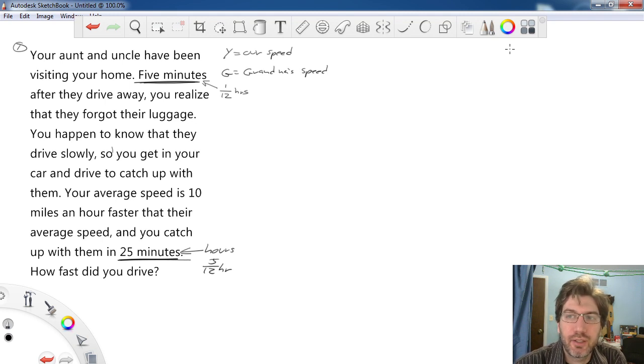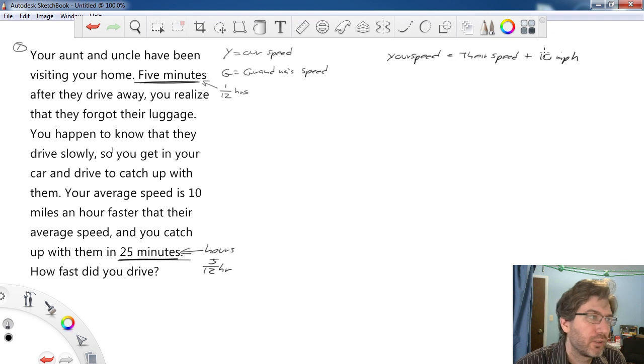So what we're looking at, we want to know when your speed is equal to their speed plus an additional 10 miles per hour, because you are going 10 miles per hour faster than them. So this here is one equation in kind of words.